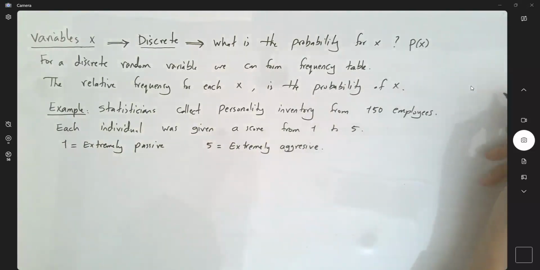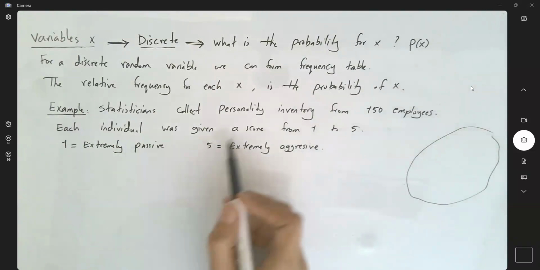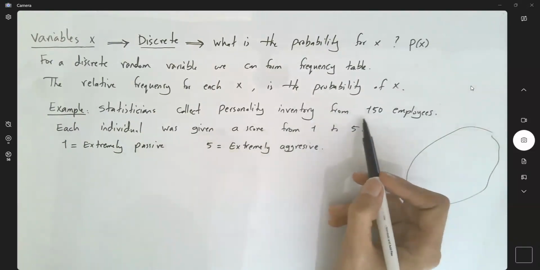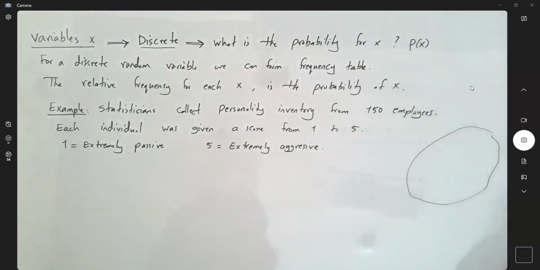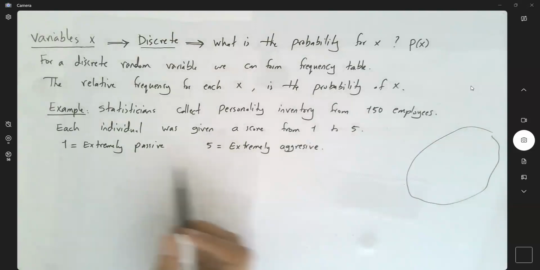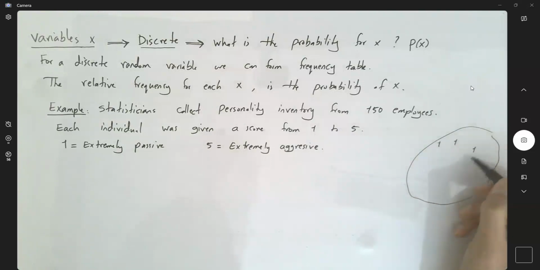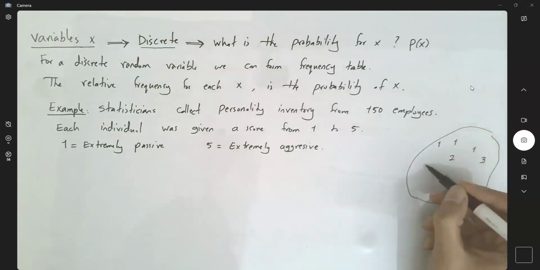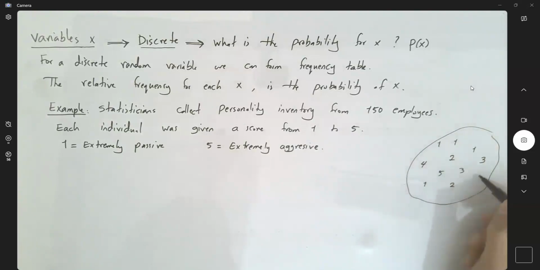So they had a big collection. They asked 150 employees, and based off of those, they were given the following scores. You had some people score 1, some people score 2, some people score 3, score 5. So they collect this information, all right?